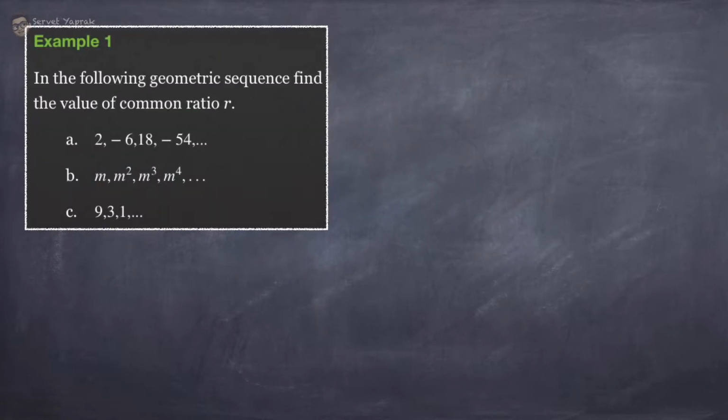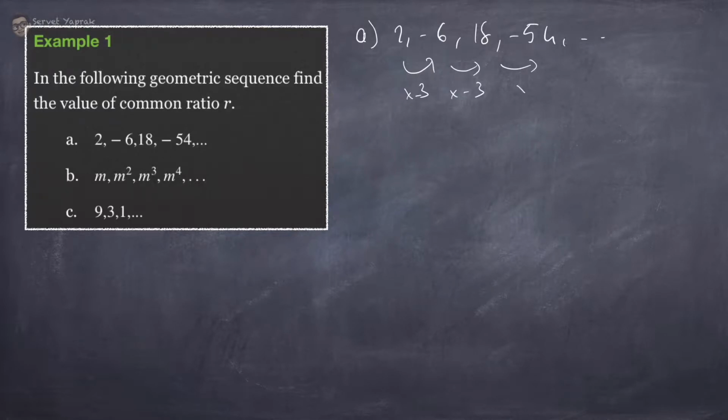Let's look at some examples. In the following geometric sequences, find the value of the common ratio. Part A: 2, negative 6, 18, negative 54, and so on. The common ratio here is multiplied by negative 3 each time.